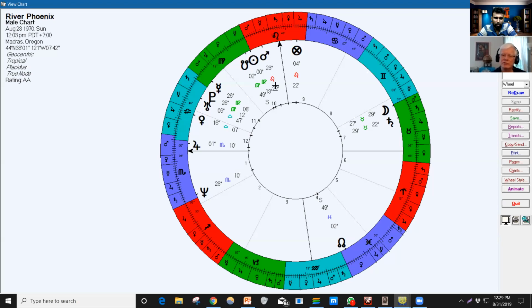Mars is at 23 Leo, and the midheaven is at 13. On the ecliptic, there's about 10 degrees between the midheaven at 13 and Mars at 23. So we'd have to see what the numbers are on the equator, what's called the right ascension, to get the timing.